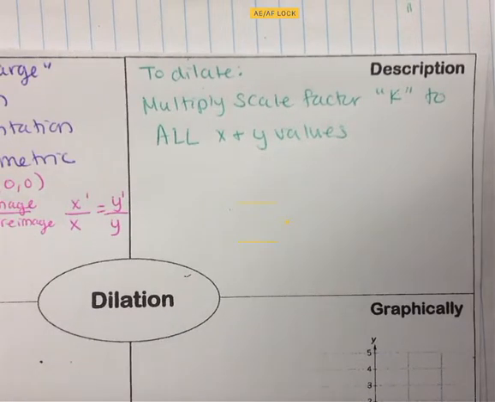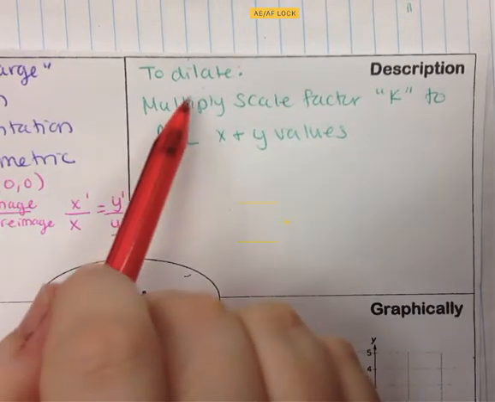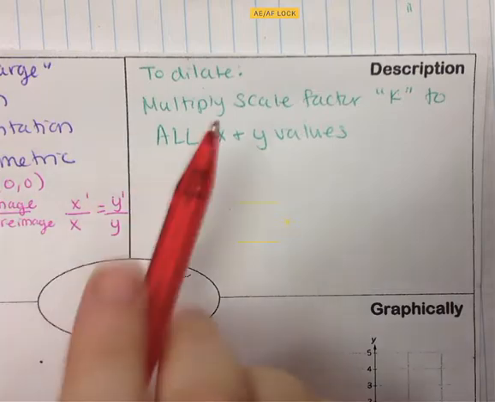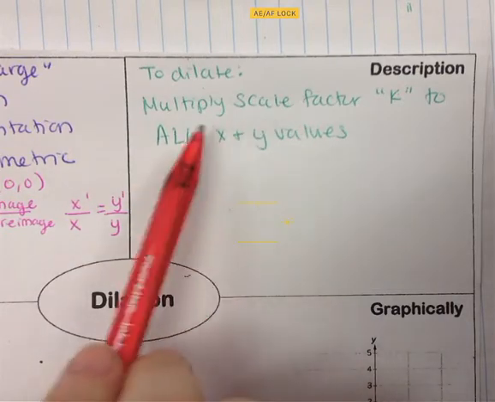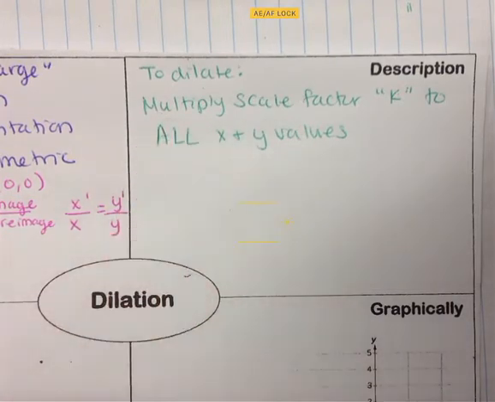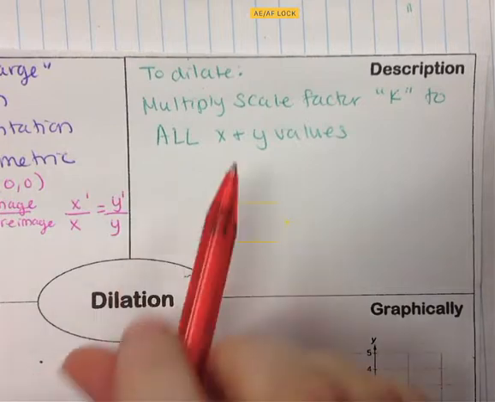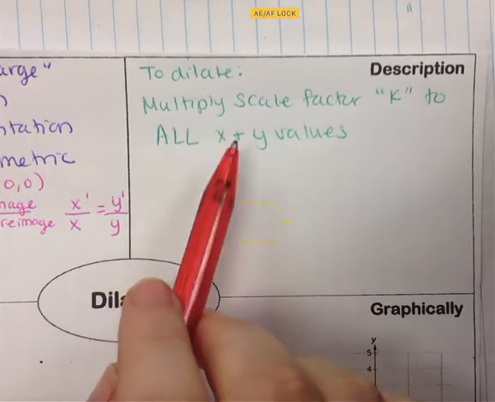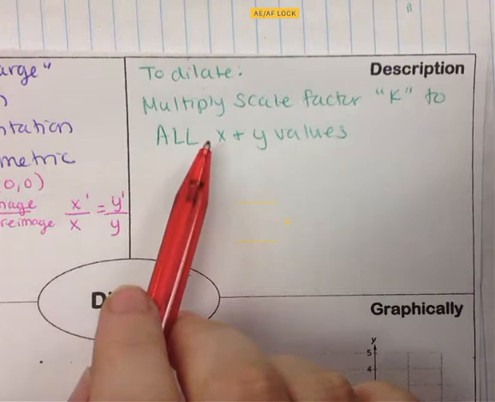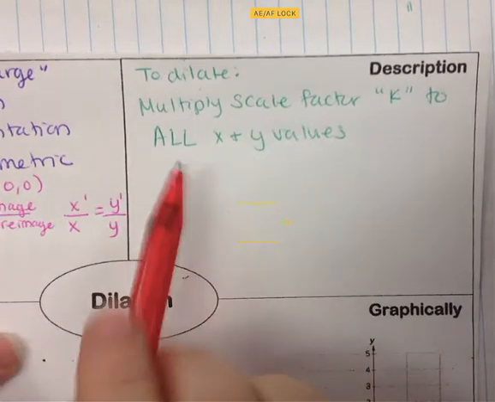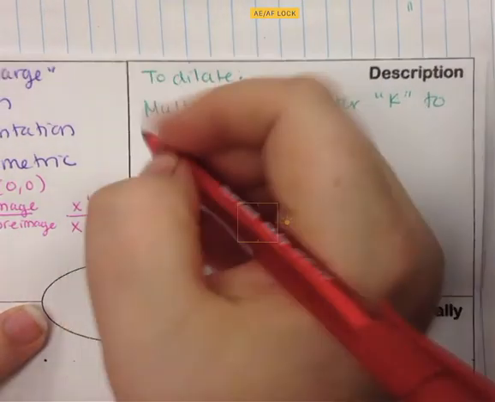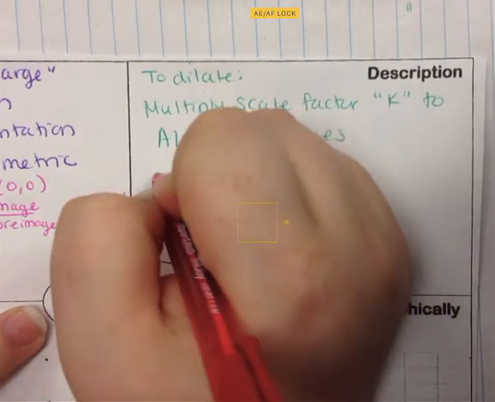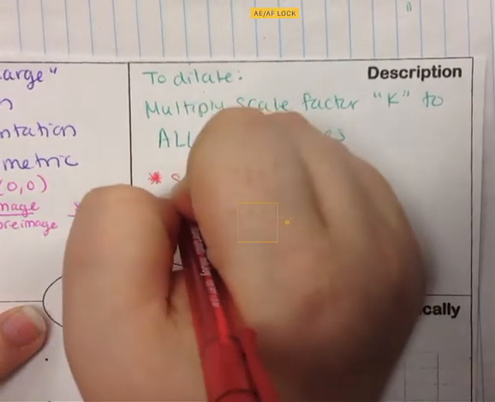There is also fancy terminology that you might see for dilation because it's multiplying instead of having a rule of negating and flipping things. Just like with translations, you had horizontal and vertical components. Well, in dilations, the fancy terminology would be called a size transformation.